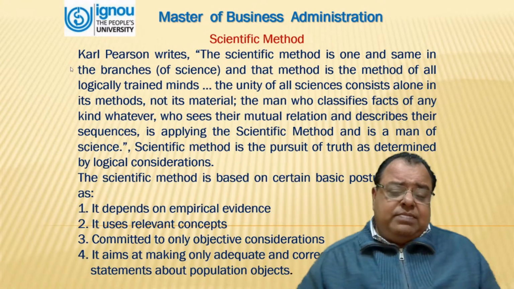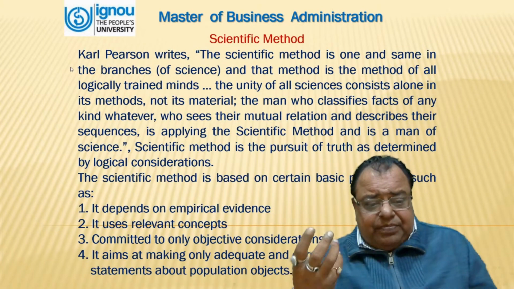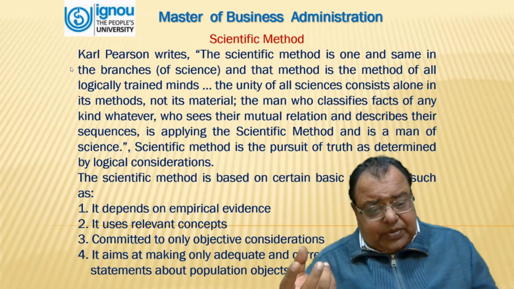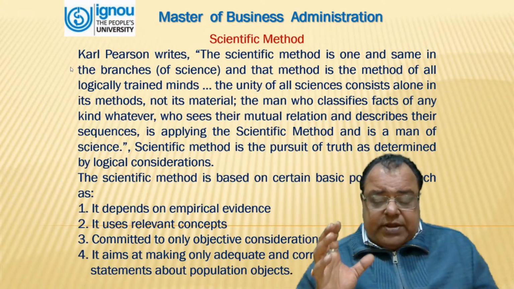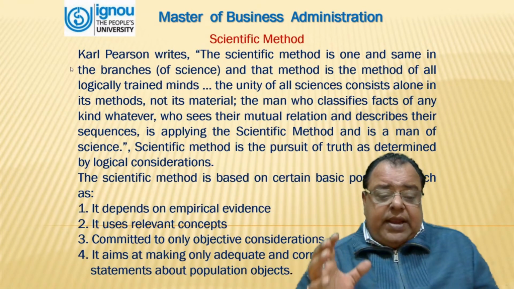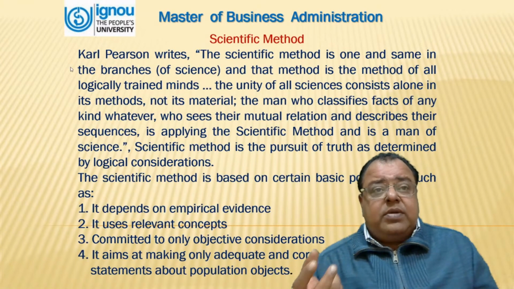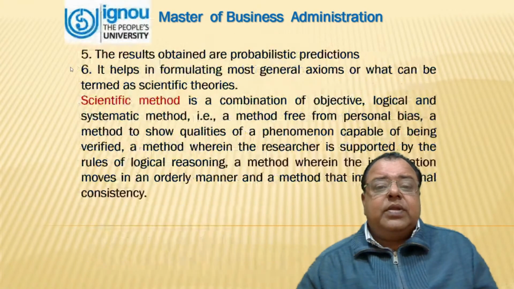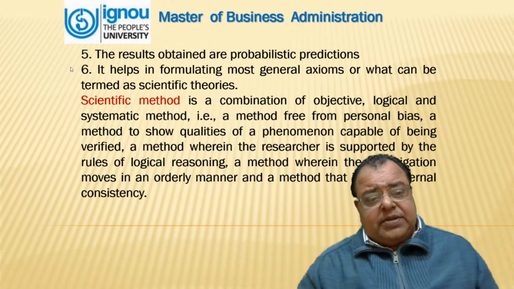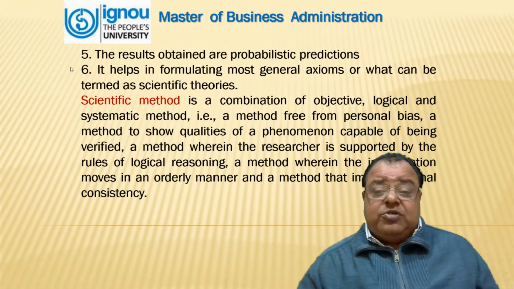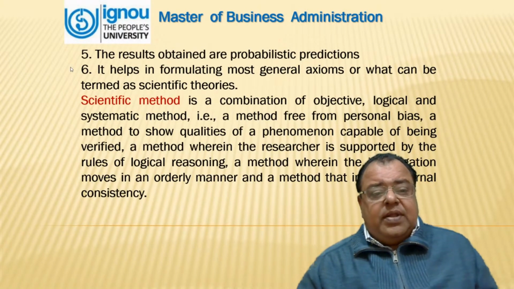The scientific method is based on certain basic postulates, which include: it depends on empirical evidence, it uses relevant concepts, it is committed to only objective considerations, and it aims at making only adequate and correct statements about population objects. The results obtained are probabilistic predictions, and it helps in formulating the most general axioms, or what can be termed as scientific theories.